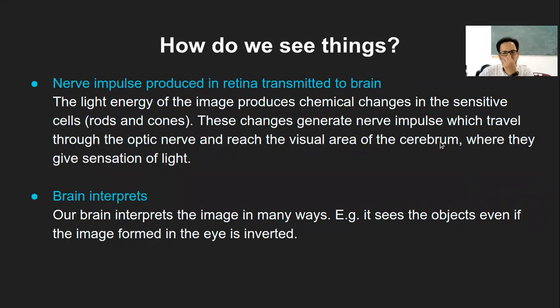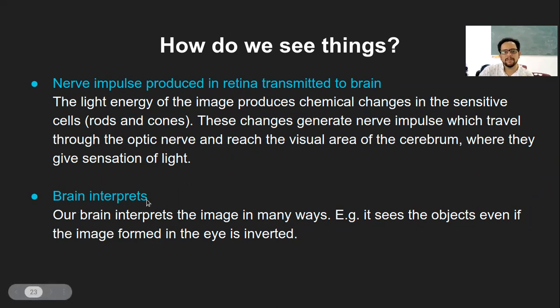So there is a visual cortex in the cerebrum. Cortex is again the outermost part of the cerebrum or the brain. So that's where it will go. The signal will be processed, and they will give a sensation of the light. That means whatever signal is contained there will be reciprocated in terms of image.